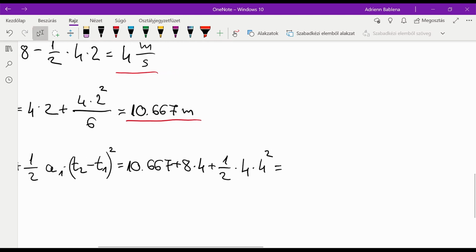From this we know S2 is 74.667 meters, and this is our result.